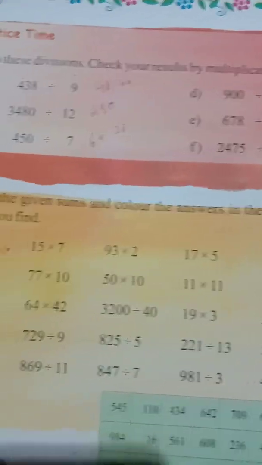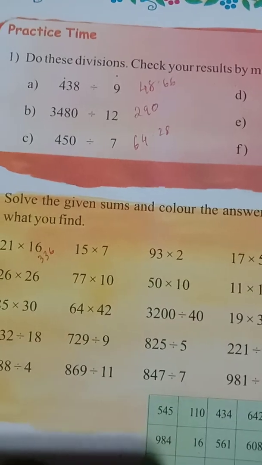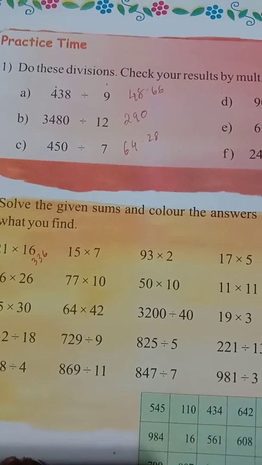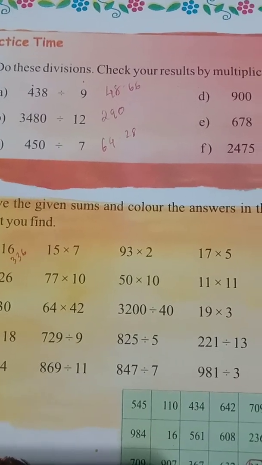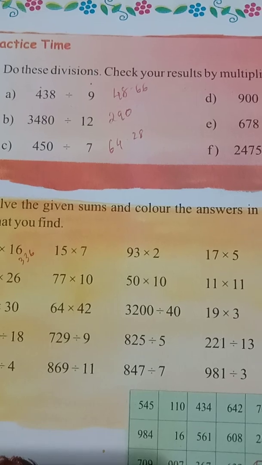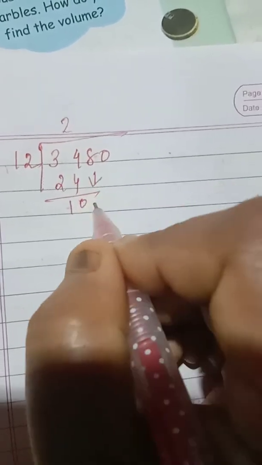That is number B. Here it is 3480 divided by 12. 12 2s are 24. Bring down this 8 over here. 12 9s are 108. Come 0 over here.